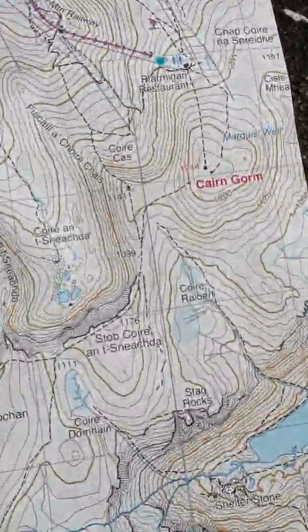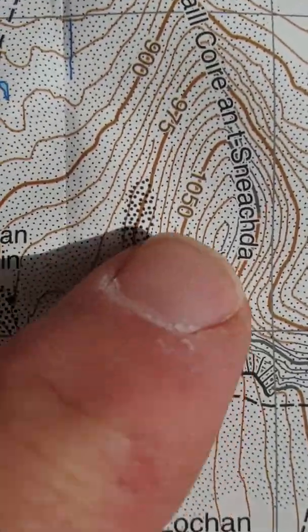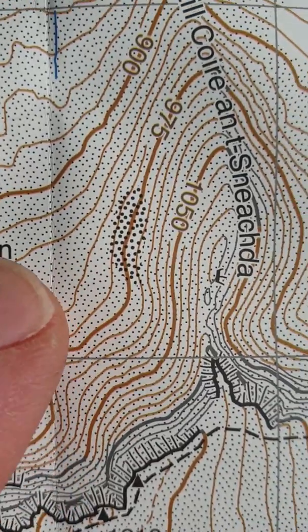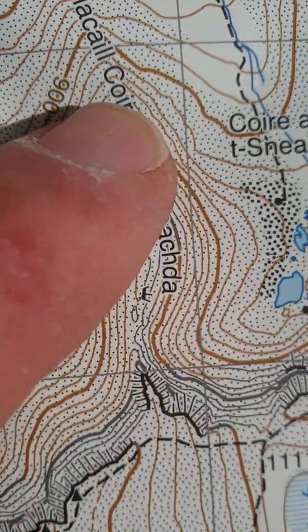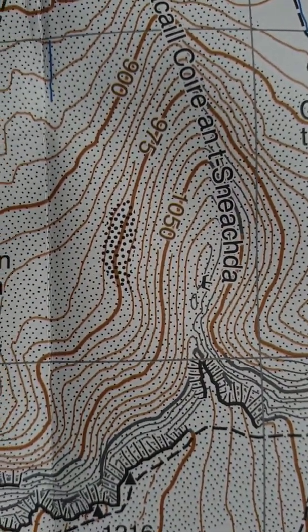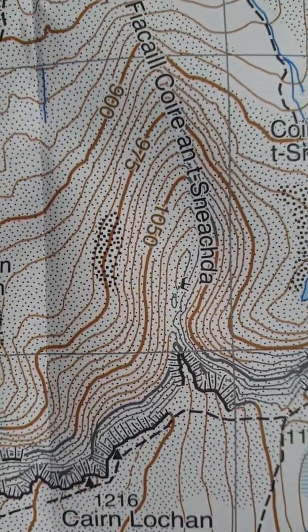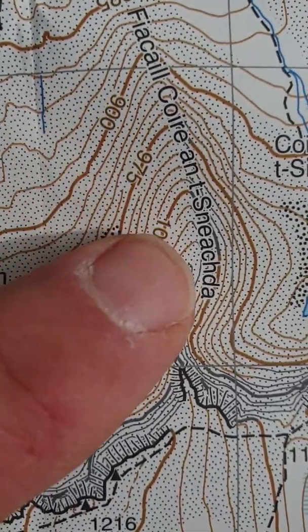So if we go back to this map, we can see where the contours are tight together, it's going to be steeper, and where they're wider apart, it's going to be flatter. And we can see that these have a shape to them. You don't know, unless you start to interpret them, whether that's going down or up unless you look at the numbers. In this instance we can see the numbers, and it's getting higher here.